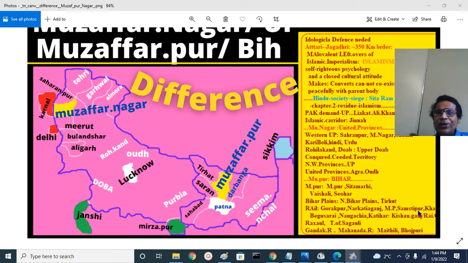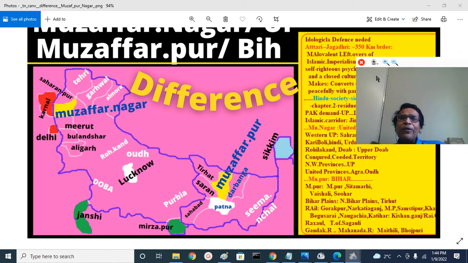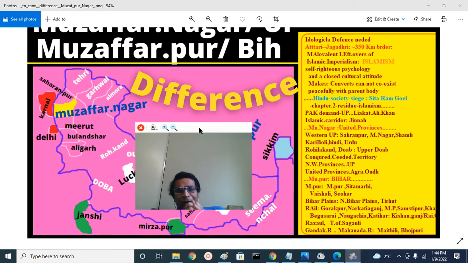Then continues through Khagaria and Begusarai, Naugachia, Katihar. Katihar will be here. From Katihar one line goes to Malda English Bazaar to here, and other line goes to Kishanganj and Alipurduar to Assam Valley here. That is in brief about why this is very important.